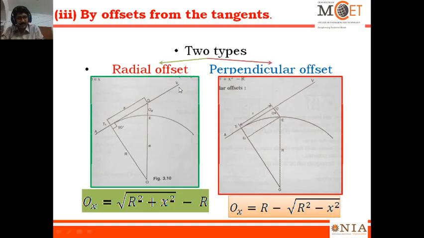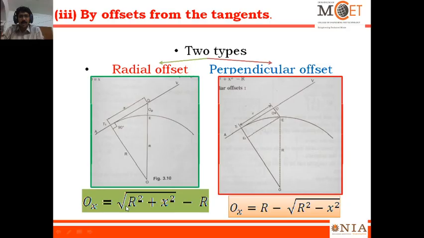From that tangent, at x distance from the T1, if you drop an offset to the curve radially, or if you drop the offset perpendicular to the tangent, here radial to the tangent, here perpendicular to the tangent, we will get this OX distance to be determined.